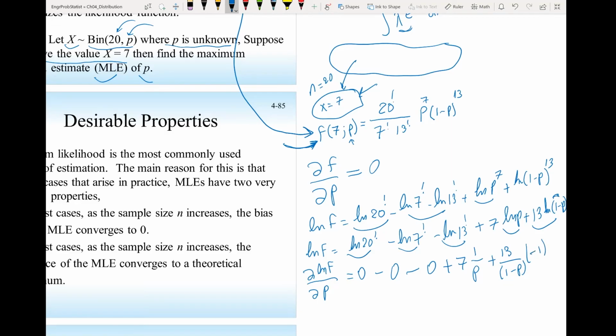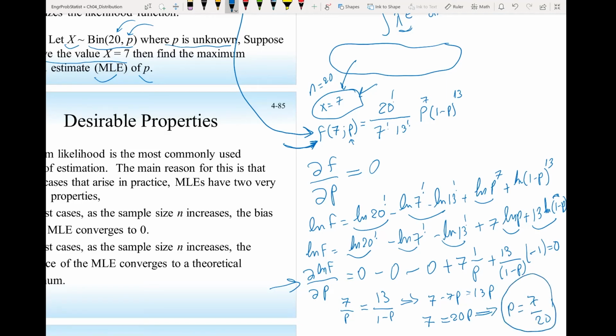Set this equal to 0 and solve for p to maximize this quantity. So you will get 7 over p equal 13 over 1 minus p. Then do the cross product. So you have 7 minus 7p equal 13p. And finally, 7 equal 20p. And from here, p equals 7 over 20.